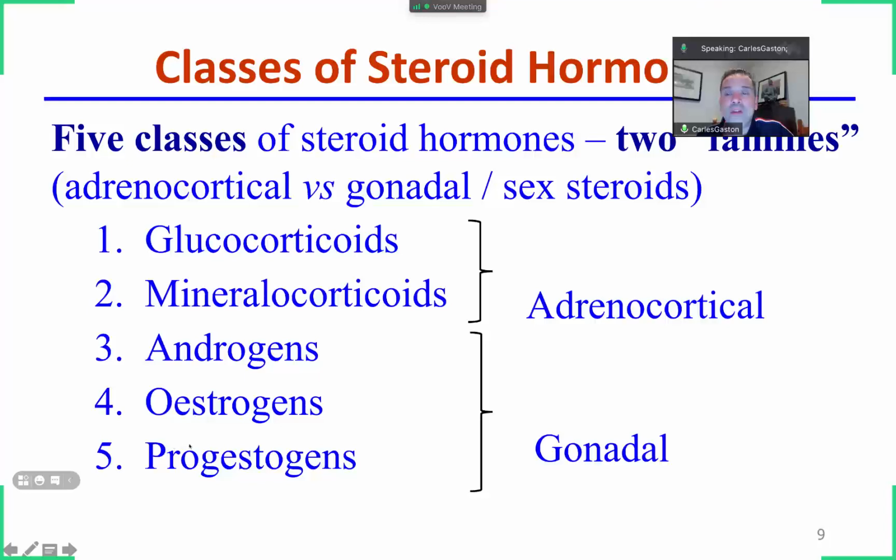On one hand we have glucocorticoids and mineralocorticoids that are produced by the adrenal cortex, and we also have androgens, estrogens, and progesterones, which are formed by the gonads.